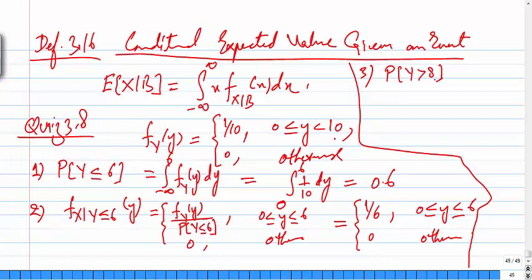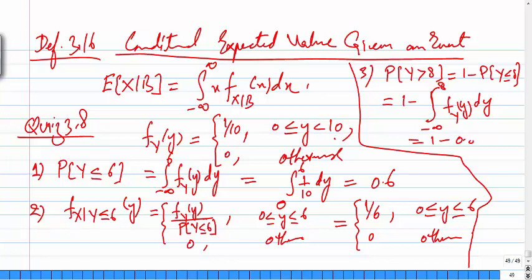This can be written as 1 minus the probability that Y is less than or equal to 8, or 1 minus the integral from -infinity to 8 of fY(y) dy. We just solve it, so it becomes 1 minus 0.8, which is 0.2.